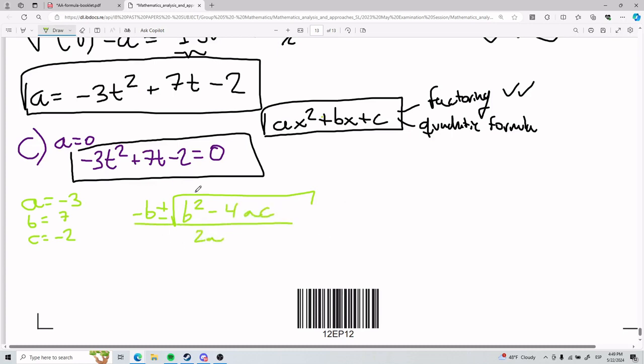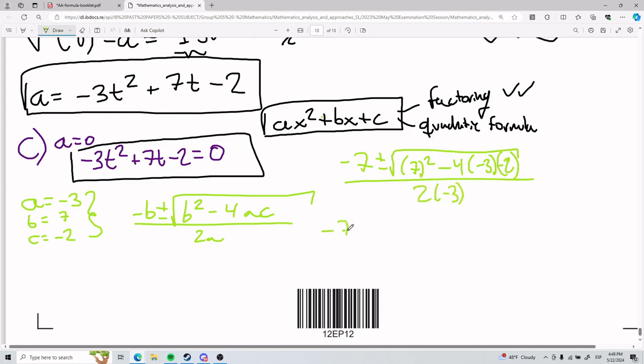So you plug all of this into that formula here. What you end up with is -7 plus or minus the square root of 7 squared minus 4 times -3 times -2, divided by 2 times a, which is -3.